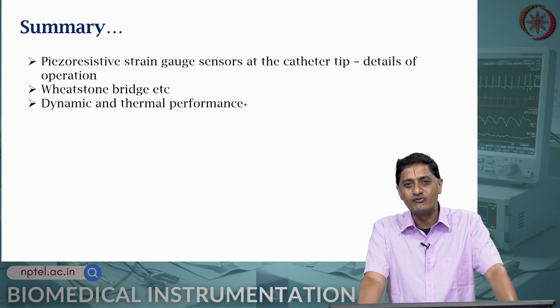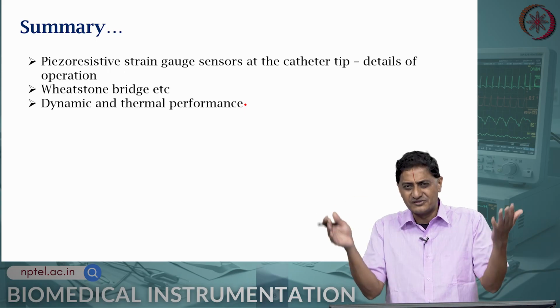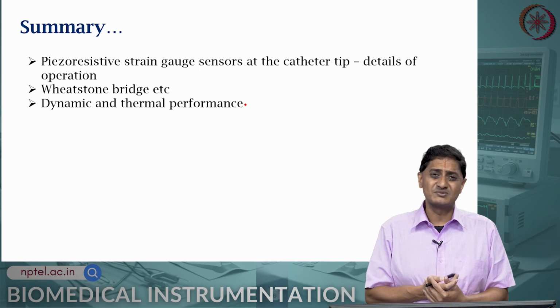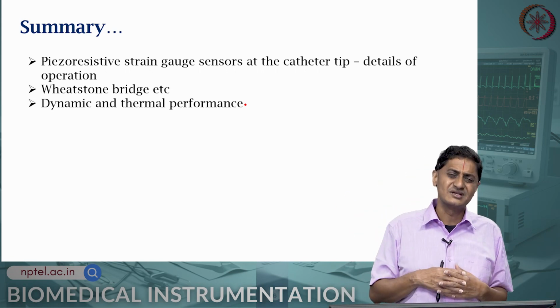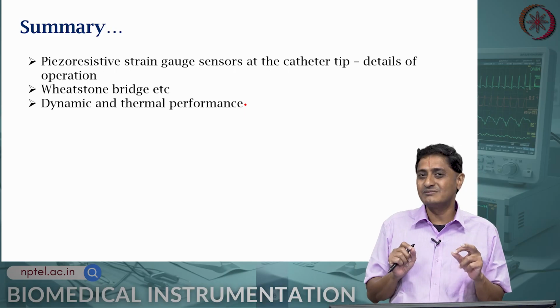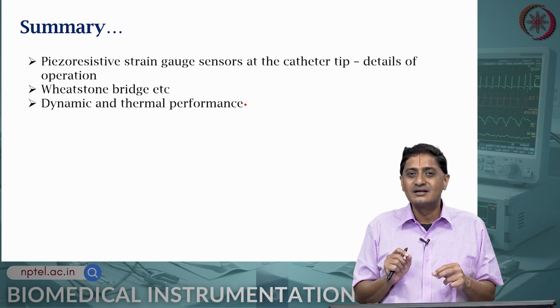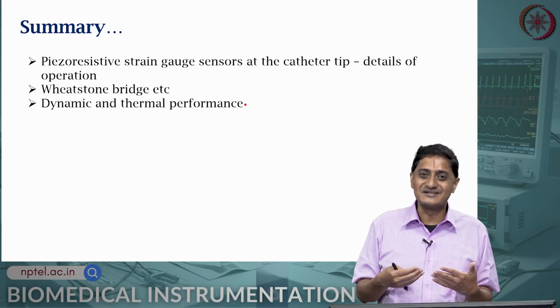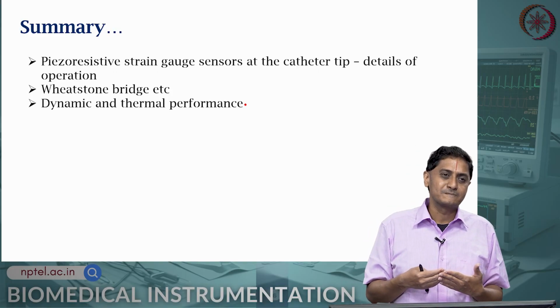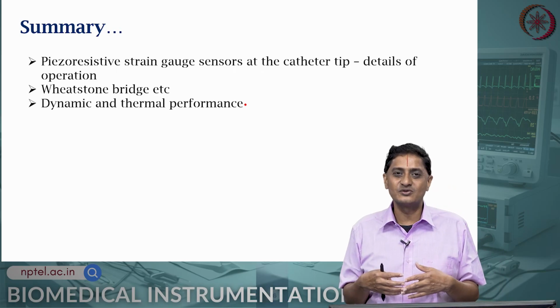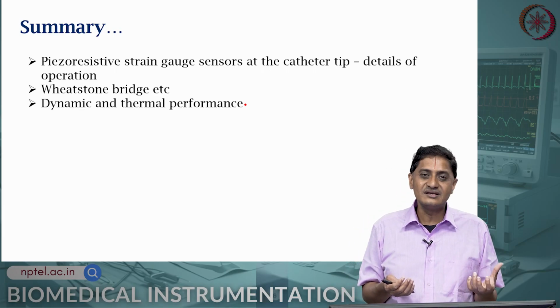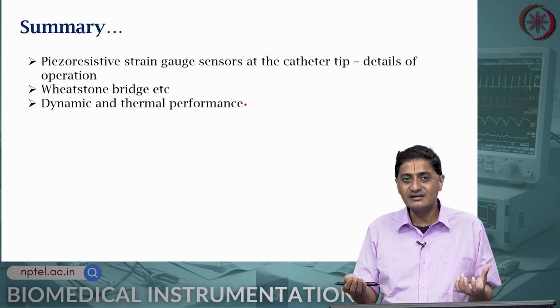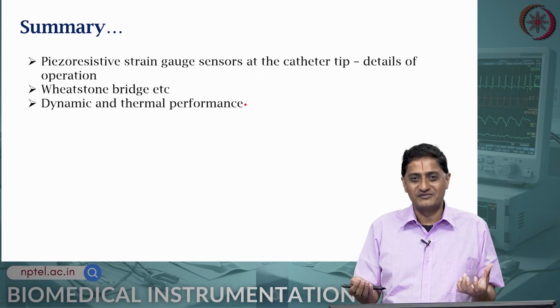Sometimes we use a 4-arm design, sometimes an 8-arm design, and we looked at dynamic and thermal performance: it has very high bandwidth, with a flat response up to 1 kilohertz, and thermal stability is ensured by designing appropriate compensating resistors, for example. We also looked at what may be one of the only disadvantages of the system, that you are essentially fighting a trade-off between the sensitivity and the durability of the system.